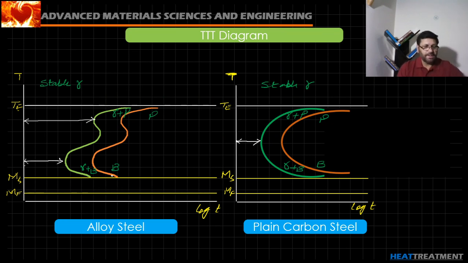Now this is the second significant effect. Now the third significant effect is that the nose of the C curve for the bainite is exposed now.